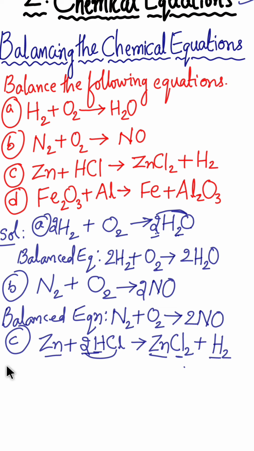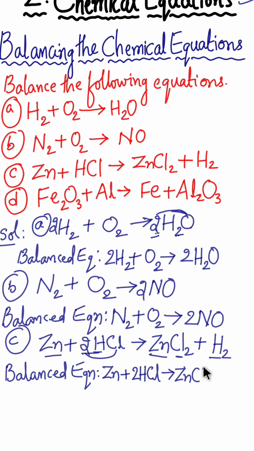Simply we will write the balanced equation: Zn plus 2HCl gives rise to ZnCl2 plus hydrogen. So here it is a gas. And if the states are given in the equation, like solid or gas, we have to write the same thing in the answer also. So you concentrate on that.